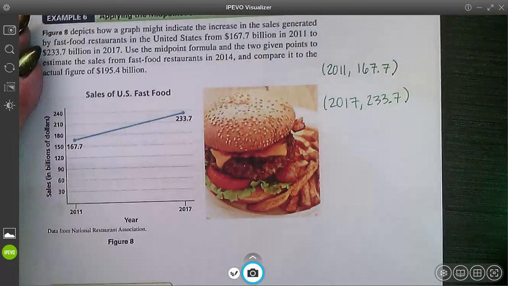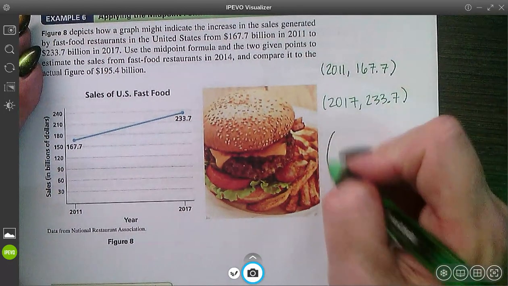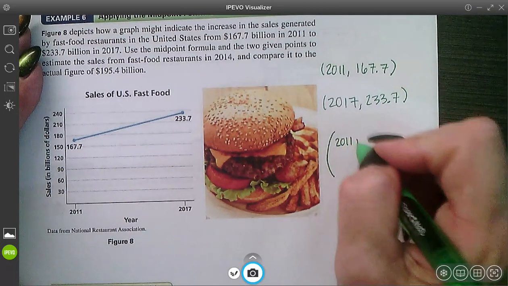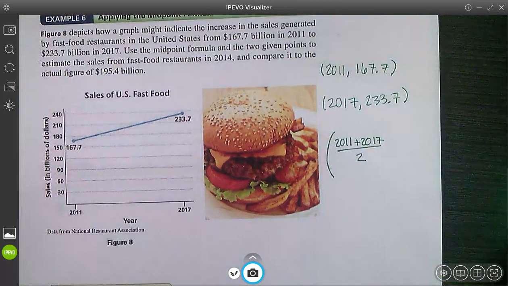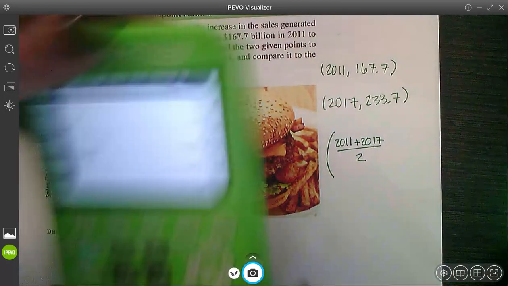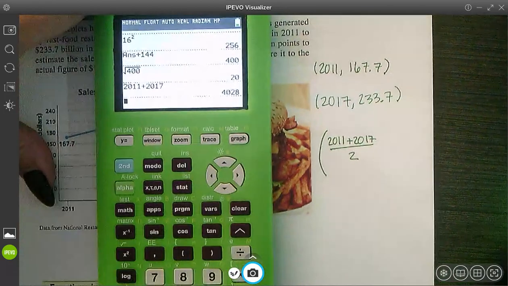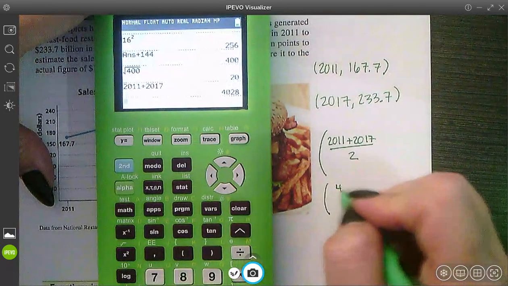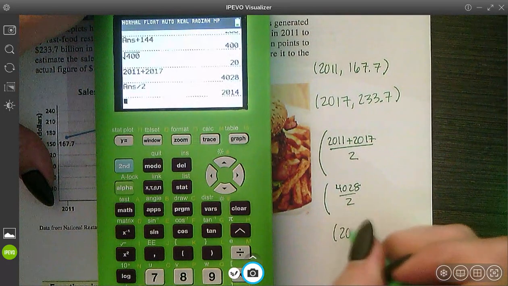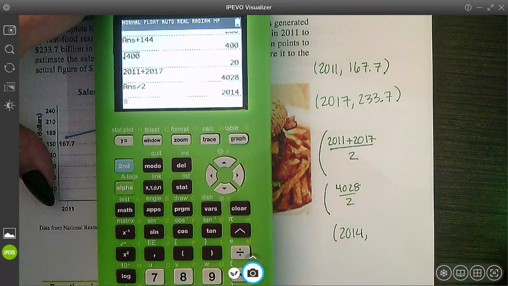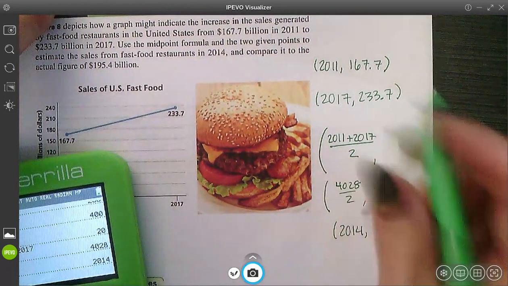And then if you think about the midpoint of 2011 and 2017, if I add those together, 2011 plus 2017, and divide by 2, 2011 and 2017 is 4,028. And I divide that by 2, that gives me 2014. So the amount of sales in 2014 can be found just by doing the midpoint.